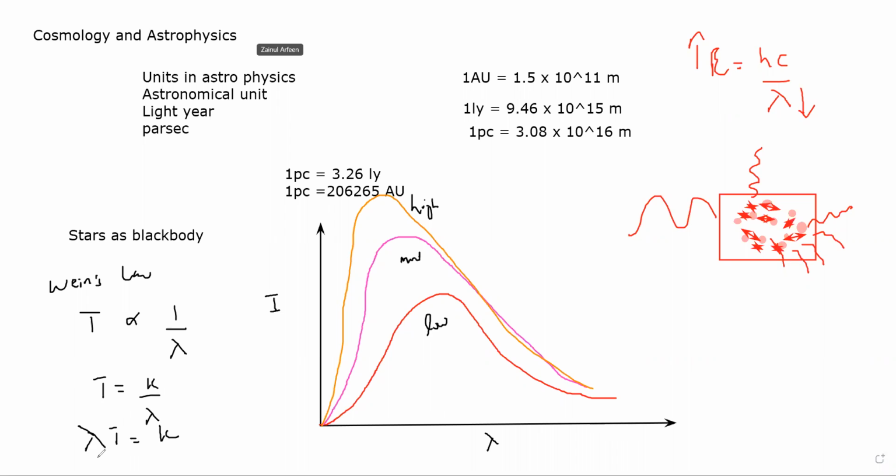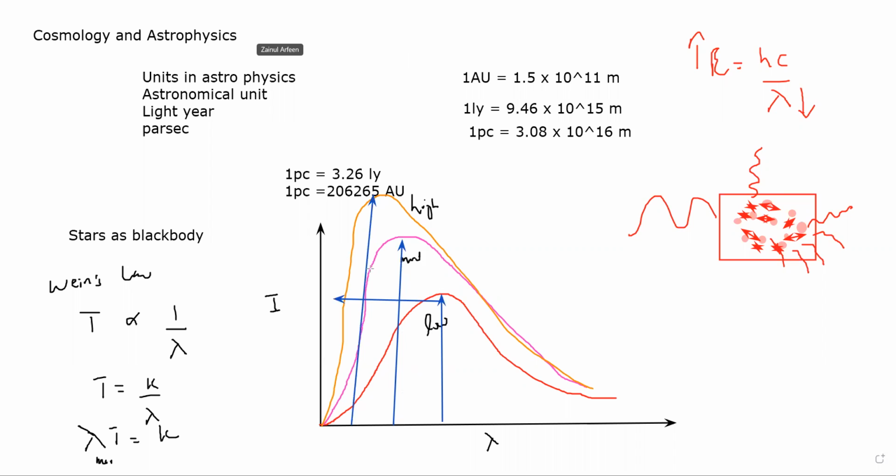When we write λ max, it does not mean maximum wavelength, it means the wavelength for which the intensity is maximum. Like here, as we increase the temperature, the λ max, or the wavelength at which maximum intensity occurs, shifts to the shorter side.